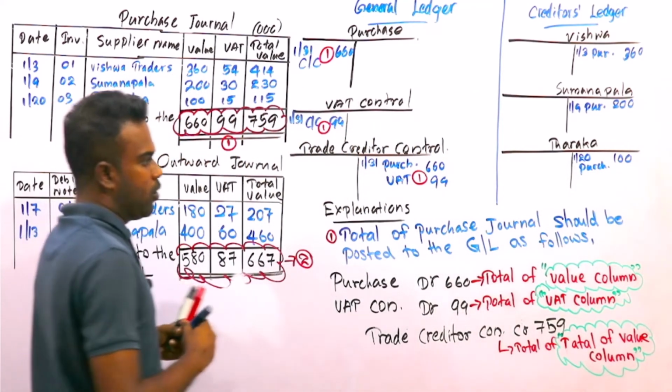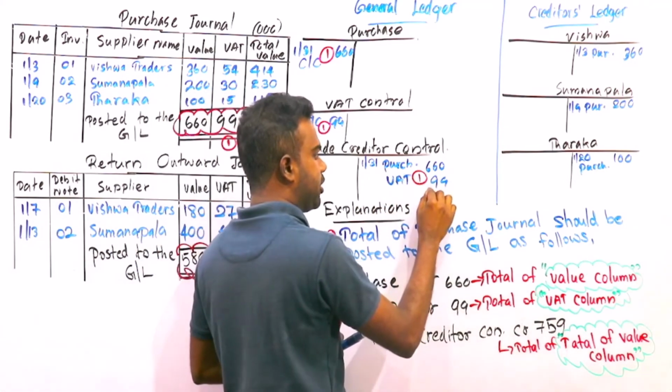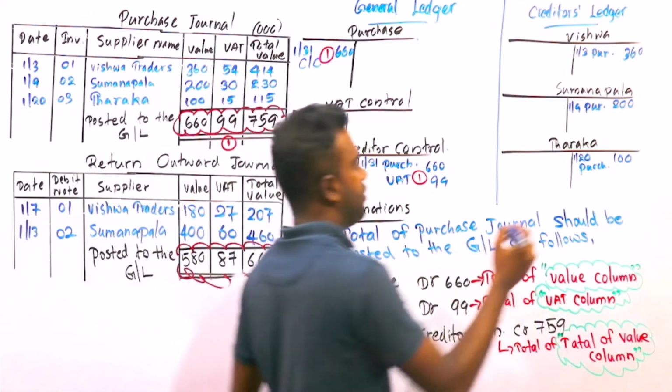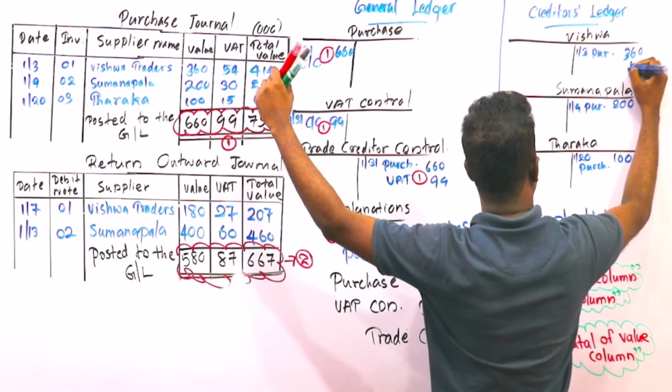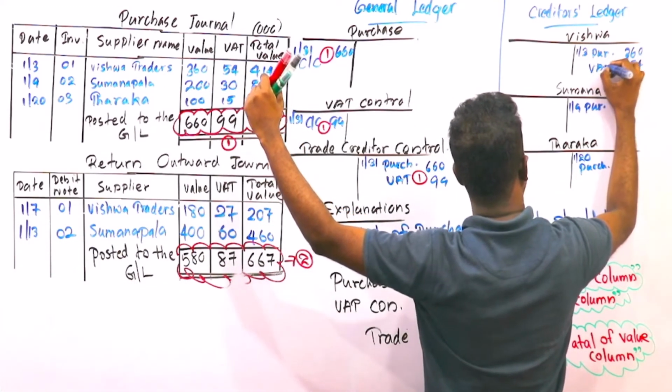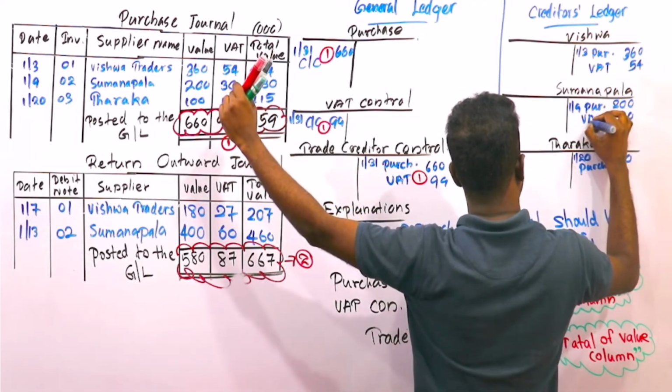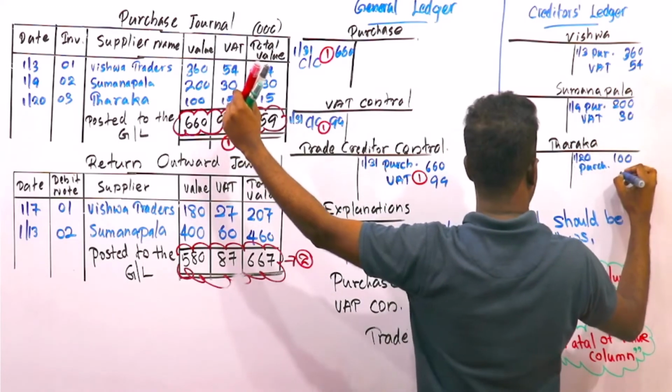Right, and look at the total we credited to the creditor control, 99. The separate individual amounts are credited to private accounts: 54 VAT, 30 also VAT, 15 also VAT.